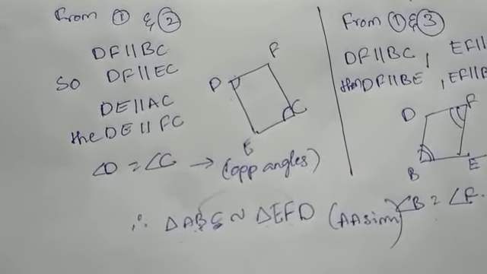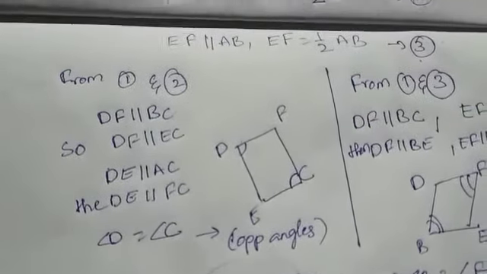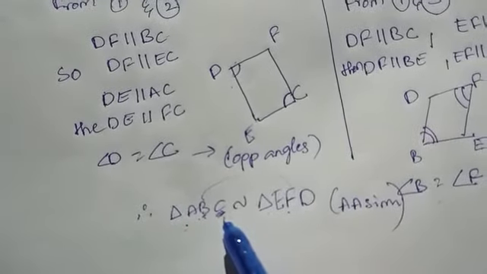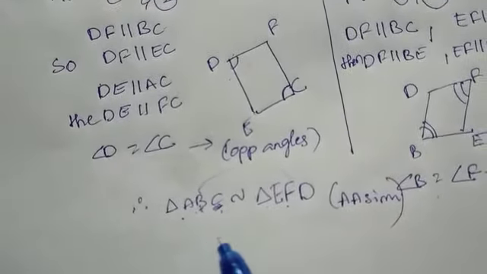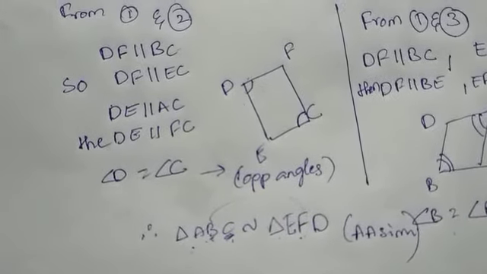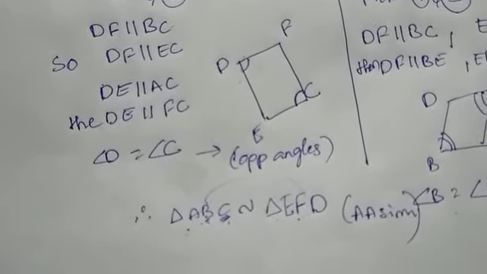Here we have to find the ratio of the areas of triangle DEF to triangle ABC. We know the ratio of the areas of two similar triangles is equal to the square of the ratio of their corresponding sides.